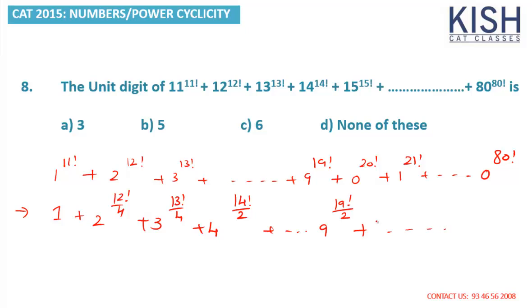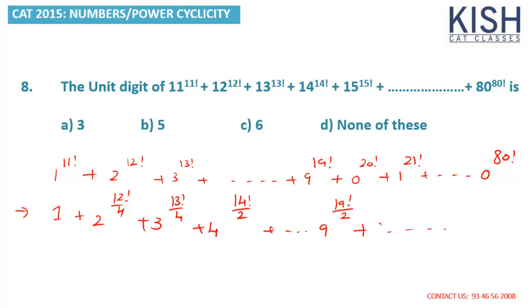Whatever happens, 12 factorial divided by 4 or 13 factorial divided by 4 or 14 divided by 4, the remainder we get is 0, because 12 factorial has 1 into 2 into 3 into 4, so it has a multiple of 4, then obviously the remainder is 0. We are not talking about value, we are talking about remainders, so remainders would be zeros.